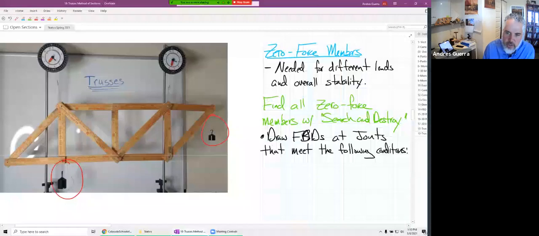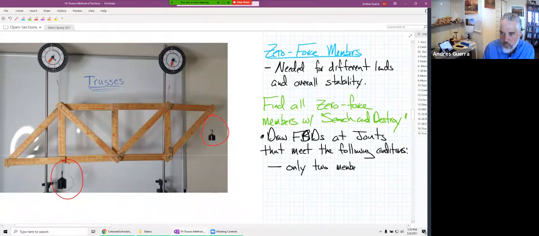Those conditions are: only two members meet. That's one of them. And our only other condition to look for is three members meet and two are collinear.